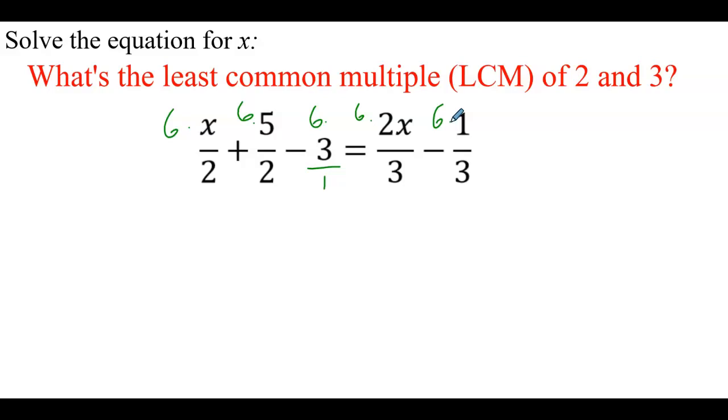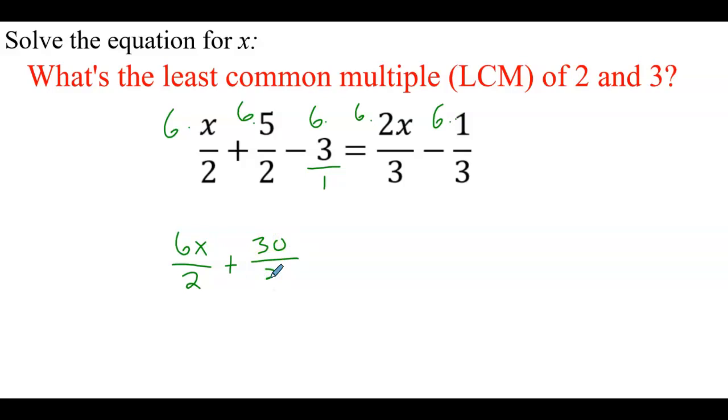Okay, so by doing this, over here on the left side, we have 6 times x, so that just becomes 6x over 2. And I'm taking this really slow. Some of you can maybe see what will happen in the future, but I'm going to take it step by step here. Then we have 6 times 5, so we got 30 over 2.